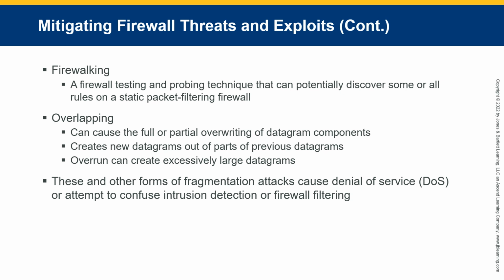They can do that. There's also the use of overlapping, and this can cause full or partial overriding of datagram packets. We're going to have a diagram of this in a second, but it creates new datagrams out of previous datagram packets where they have a sequence number, and the sequence numbers overlap, and they can create really large datagrams that way.